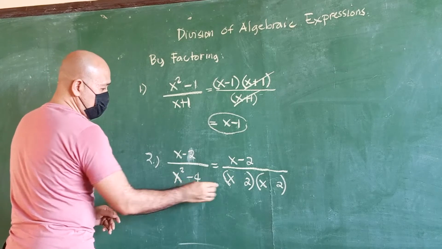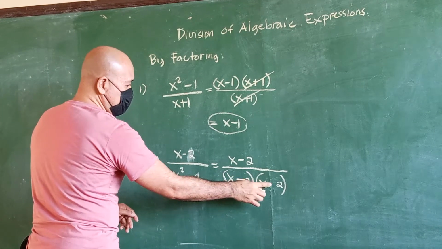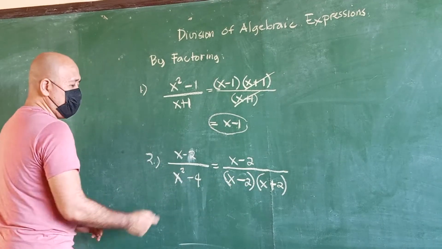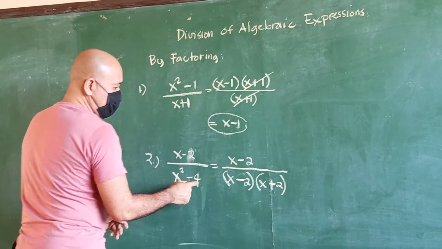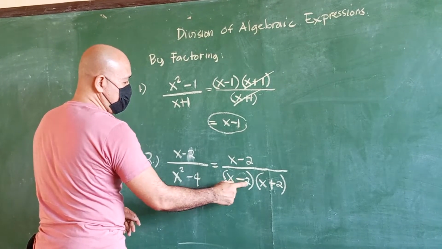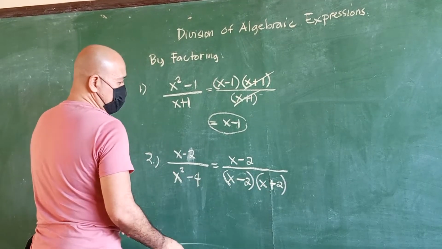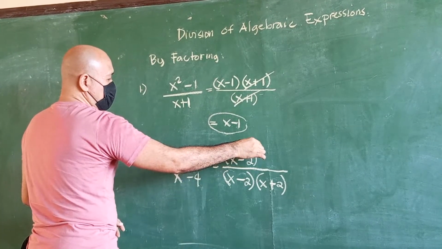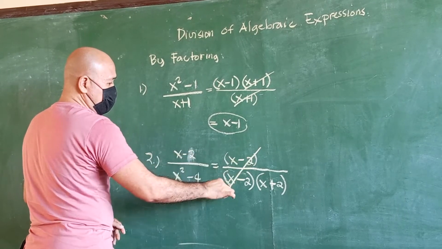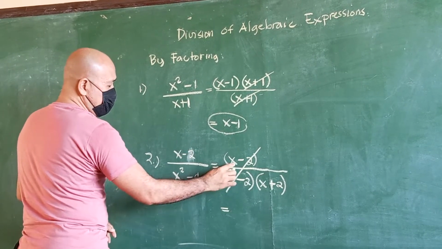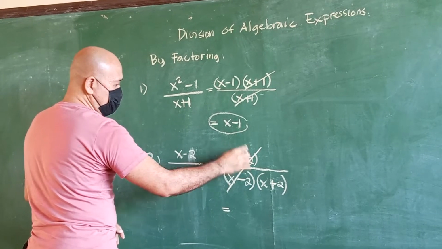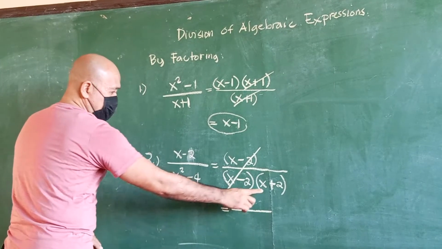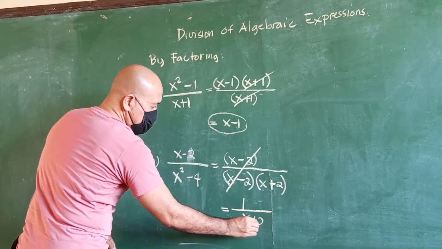Then copy the operation, and for the second factor take the opposite of minus, that is plus. So when you factor x squared minus 4, the resulting factors are x minus 2 and x plus 2. Then you cancel the common factor of the numerator and denominator. By cancelling x minus 2, the remaining value for the numerator is automatically 1, and then copy x plus 2.